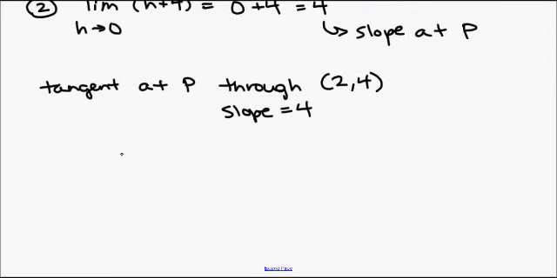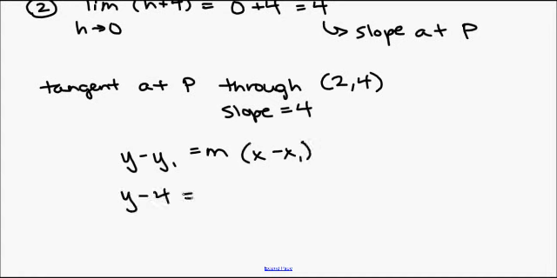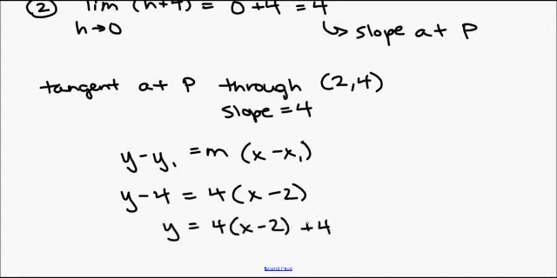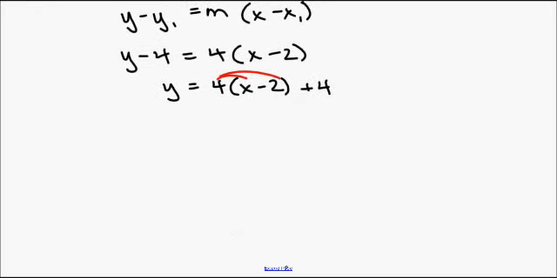We can pretty easily write the equation of this line. y minus y1 is m times (x minus x1). So we have y minus 4 is 4 times (x minus 2). I'm going to move the 4 to the other side of the equation and distribute this 4 quickly.